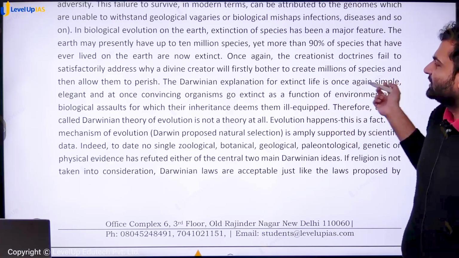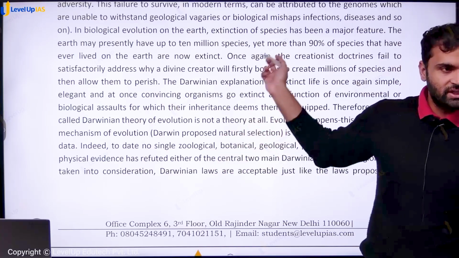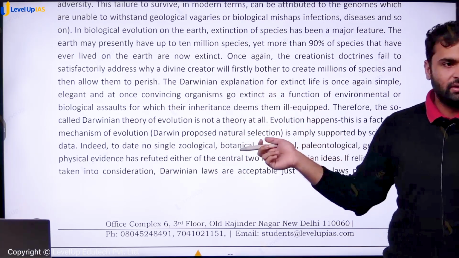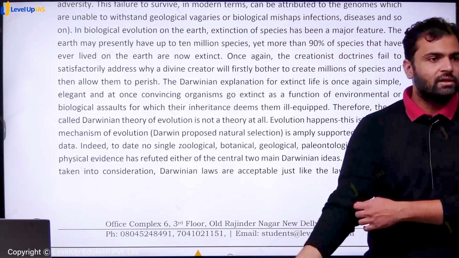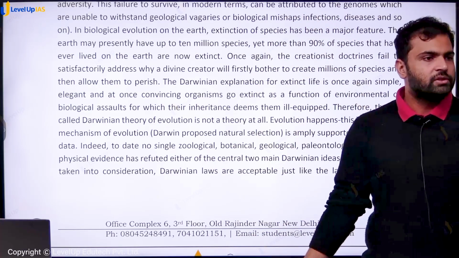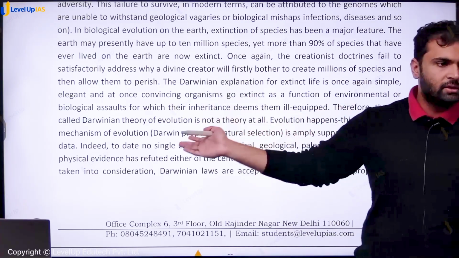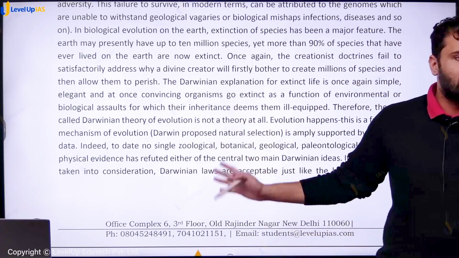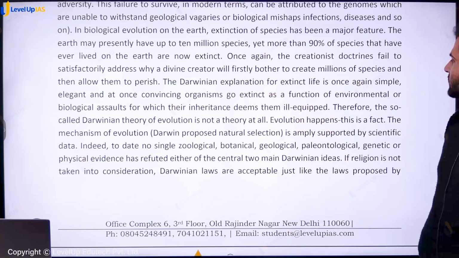Species go extinct as a function of environmental or biological assaults for which their inheritance or genes deem them ill-equipped. So above also author was saying it is attributed to genomes which are unable to withstand environmental or geological stresses. Here also he is saying that if genomes deem you ill-equipped to deal with the changes or stresses, then you will be extinct.